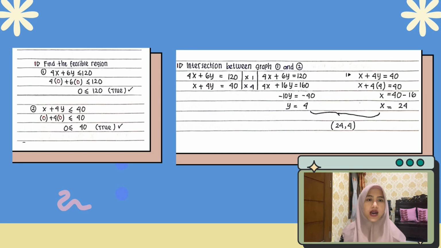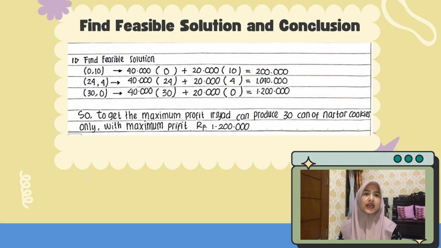Substitute y equals 4 into the equation x plus 4y equals 40, so that x equals 24 is obtained. So the intersection point is (24, 4).